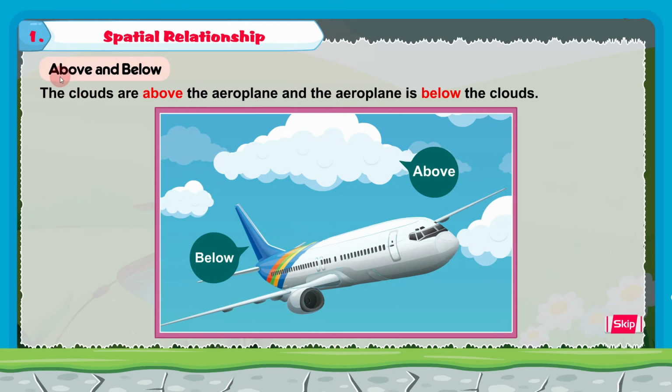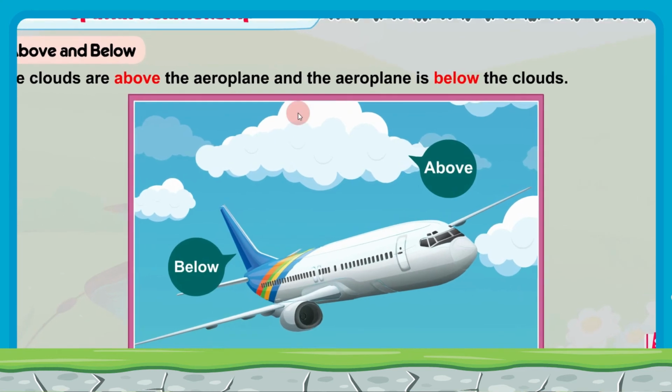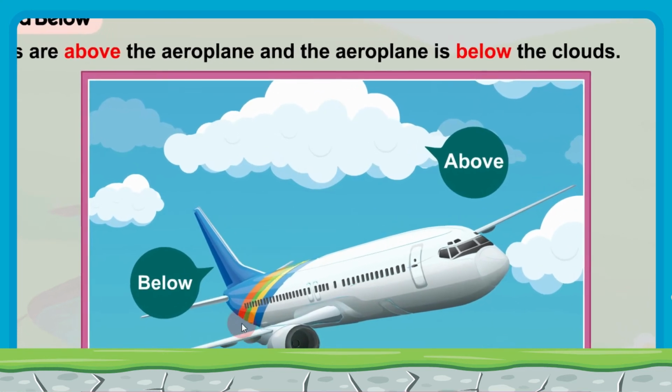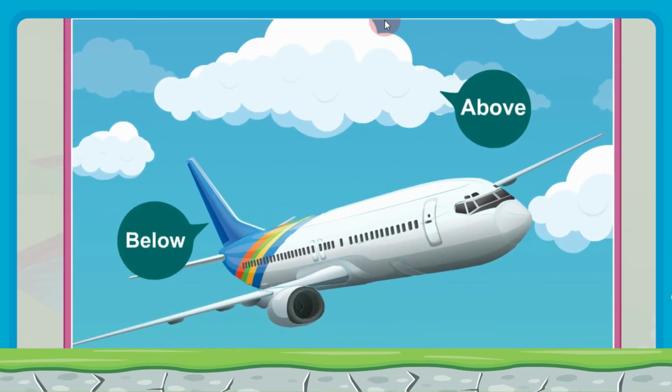Children, the next topic here is above and below. In this picture you can see this is an aeroplane, these are the clouds, and this is the sky. So in this picture you can see that the clouds are above the aeroplane and the aeroplane is below the clouds.